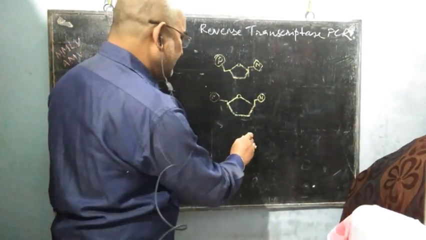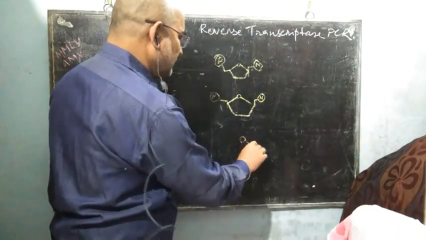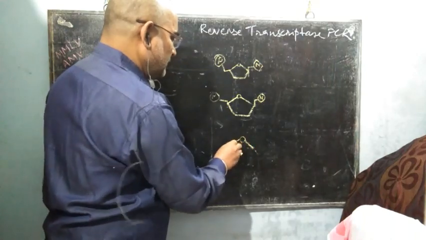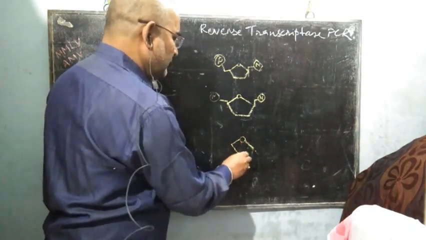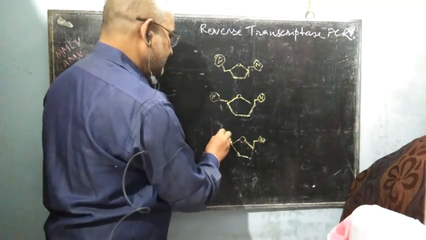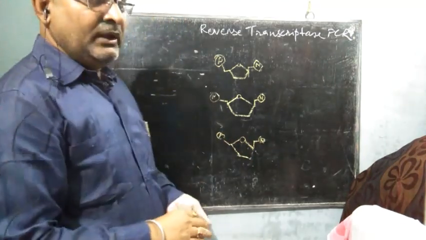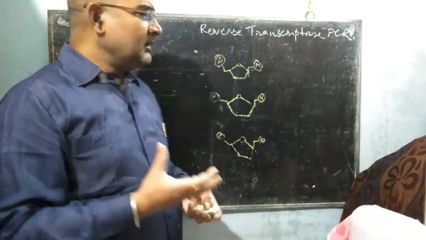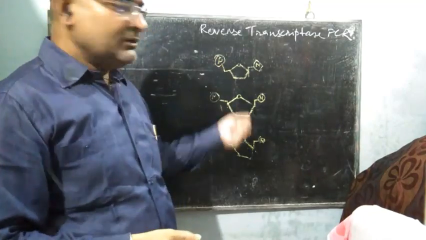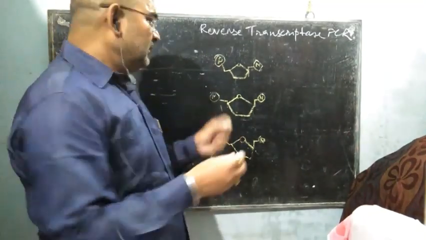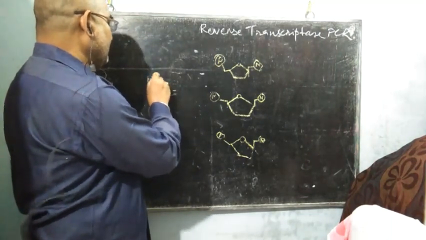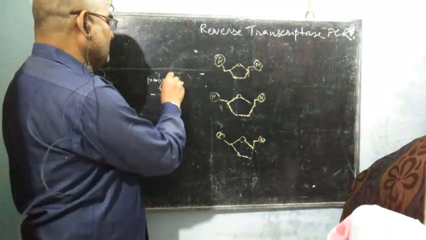Here again, another nucleotide, with nitrogenous base and phosphoric acid. Actually, all of these are mononucleotides, and we are referring here to the polymerase.